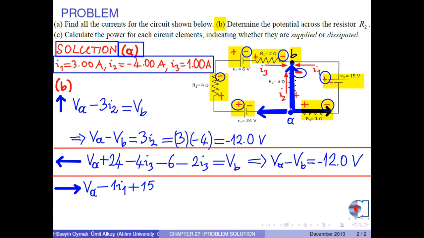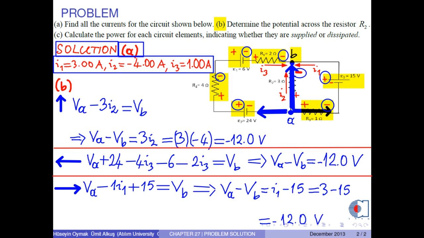So we obtain potential VB, from which we get VA minus VB equals I1 minus 15. I1 is 3 amperes, therefore we obtain negative 12 volts, which is the same with the previous ones.